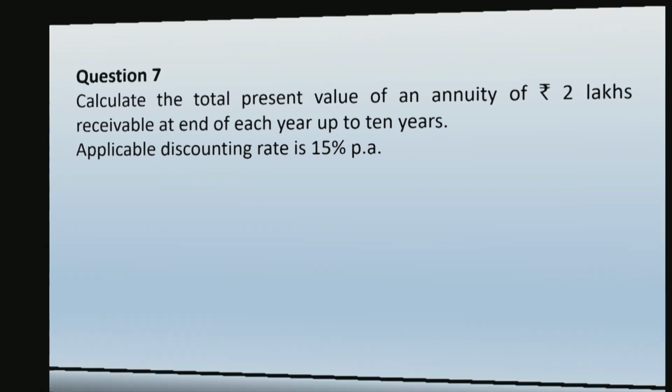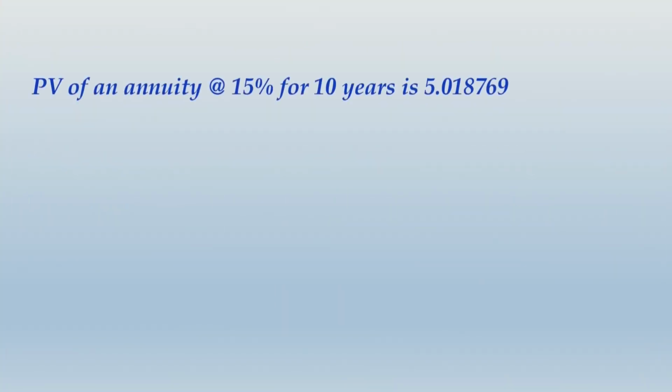In your solution, you just mention that PV of annuity at 15% for 10 years is 5.018769. How to get this 5.018769 as annuity factor, I have explained already earlier.